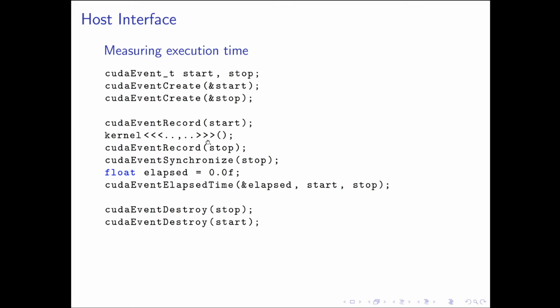So we record a second event, the stop event, right after the kernel call. Then we synchronize on the stop event, and then we measure the elapsed time. Eventually we have to free those objects, which we do with the event destroy function. And this is the way that you would measure kernel execution time with the CUDA event-based API.